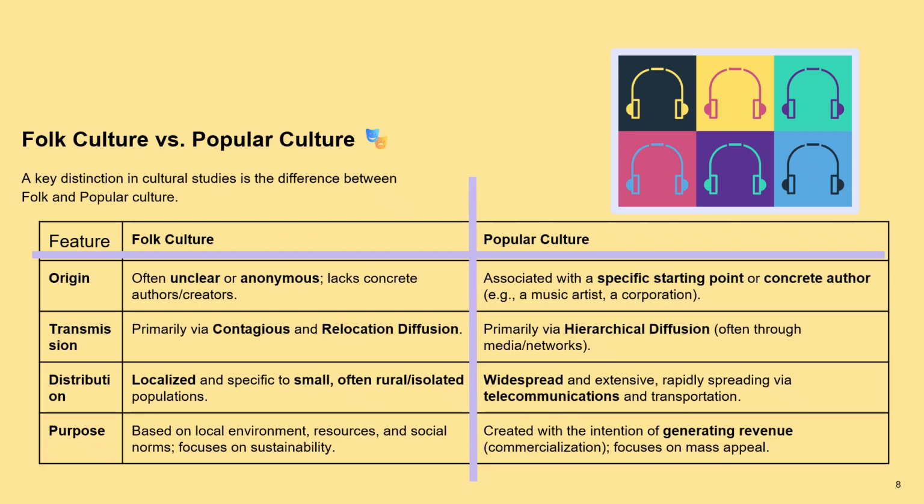We have a specific starting point. We know where this cultural artifact was created, or where this particular music or painting came from. Those types of pop culture elements we can look at and we understand their origin.